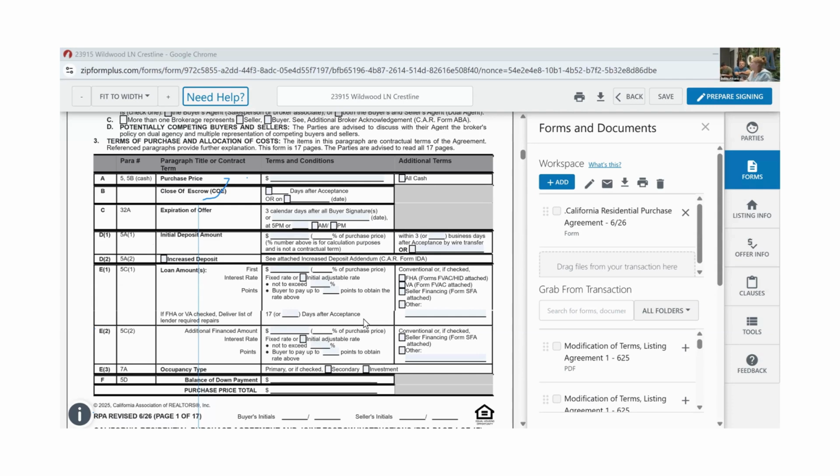You lose your power in the transaction if you are sitting there with a contract that's out of compliance. You lose all the ability you have to represent your client.